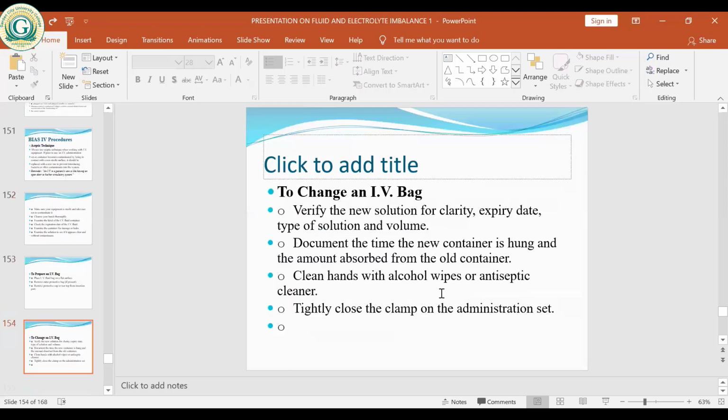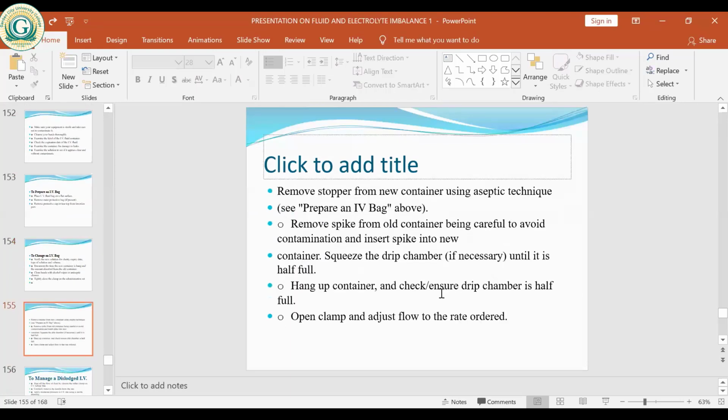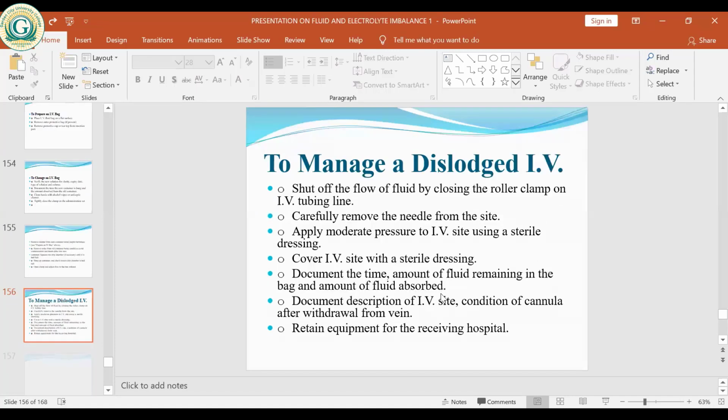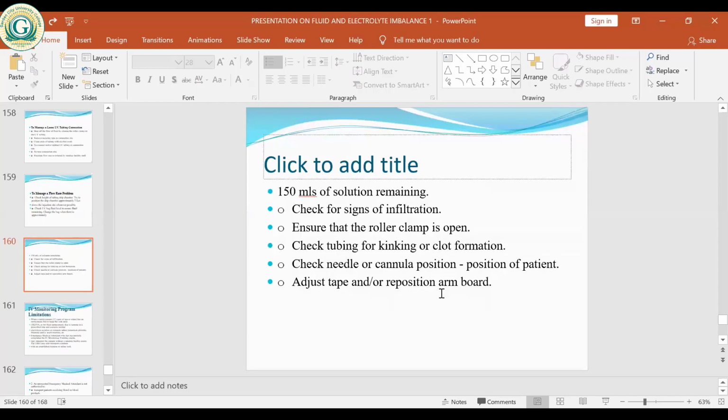You manage a dislodged IV. So read the rest. You read the rest.